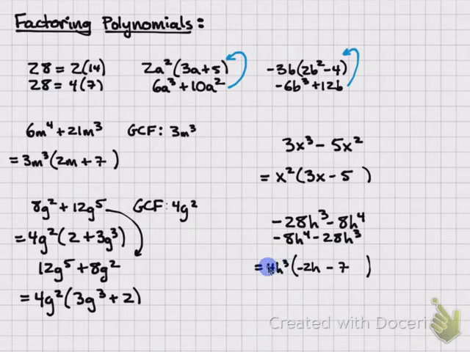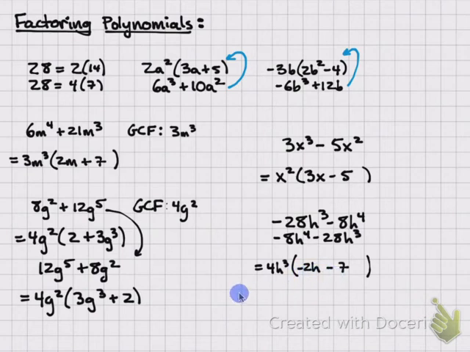Now, one thing I want to say is when we are factoring out a common factor, we really tend to want it to be the case that whatever's left in our parentheses, we want that leading coefficient to be positive. It's really just a best practice. It'll make our lives a lot easier in the future. So instead of having a negative 2h right here, we would really prefer to have a positive 2h. So how can we do that? We can factor out an additional negative 1 from both this negative 2h and this negative 7.